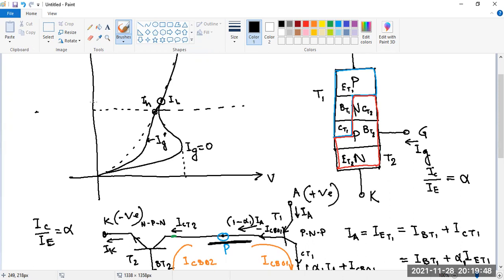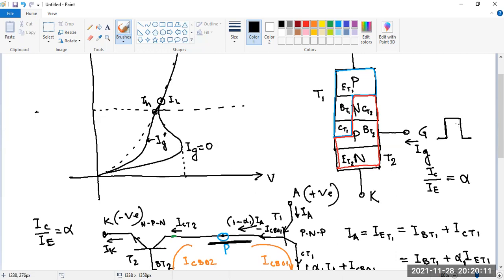Any question? Have you understood the regenerative action, or the working principle, and the importance of the gate current? Generally, therefore, we apply the gate current in the form of a pulse.